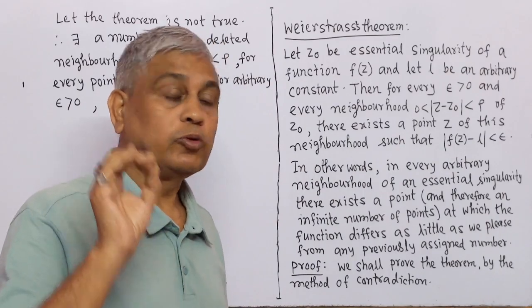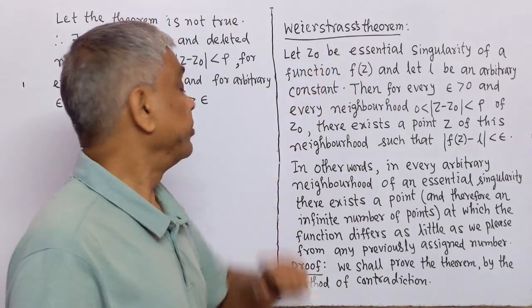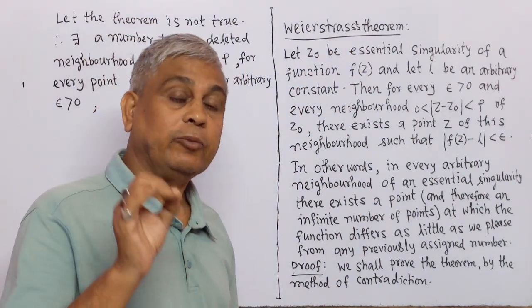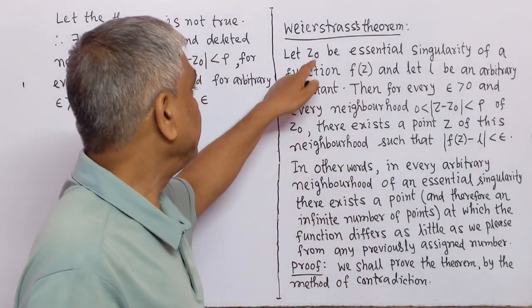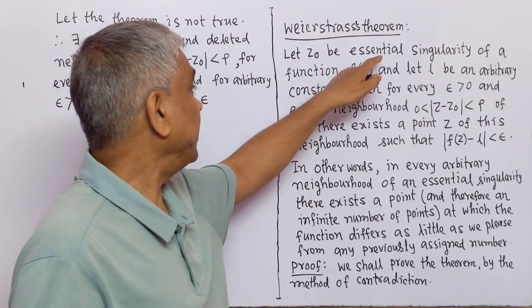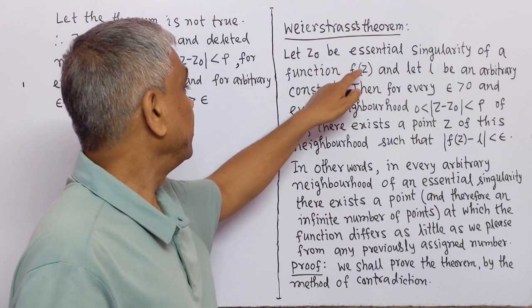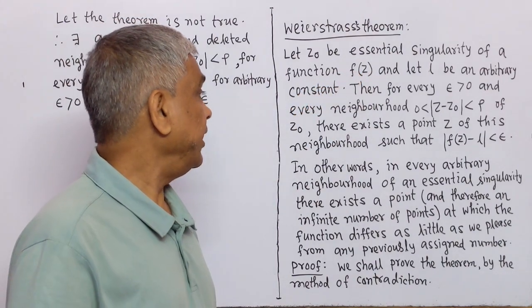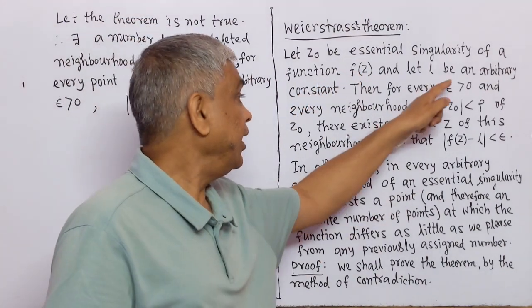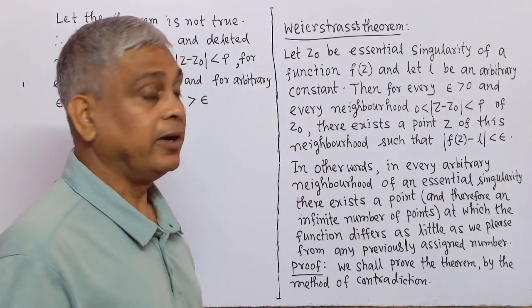Now we prove Weierstrass theorem. Statement of the theorem is, let z naught be an essential singularity of a function f(z), and let L be an arbitrary constant.